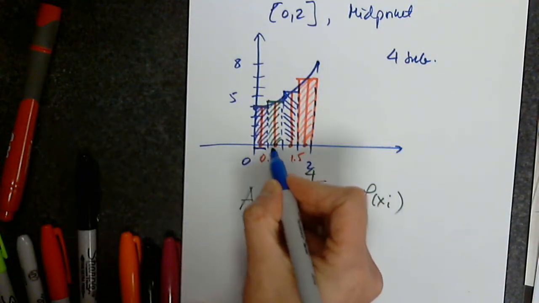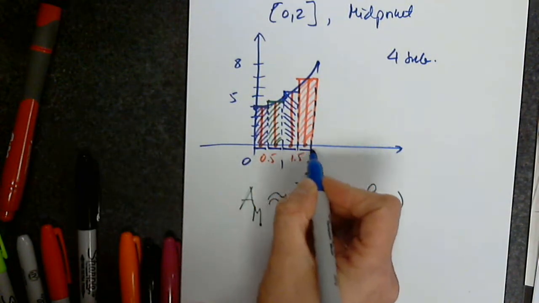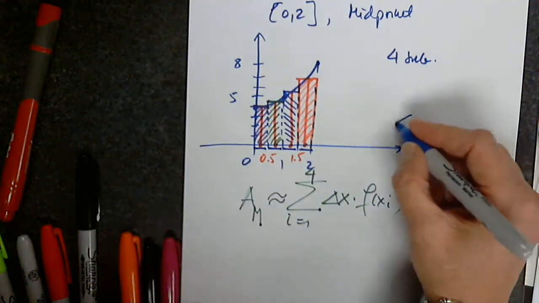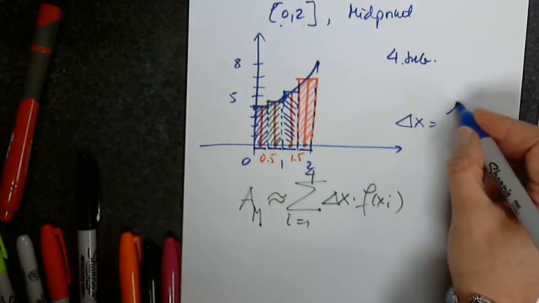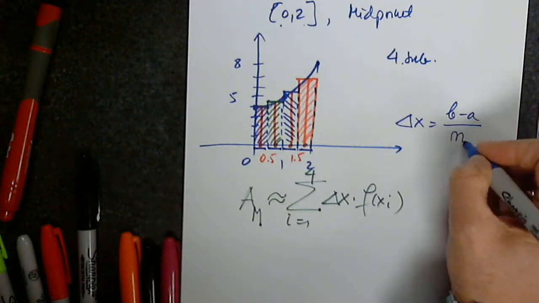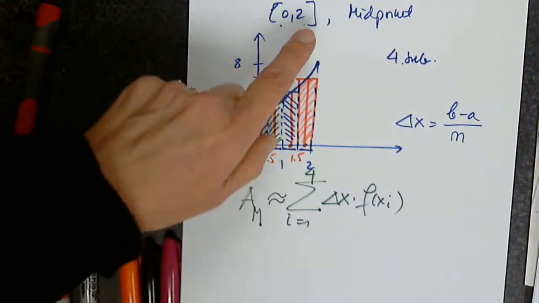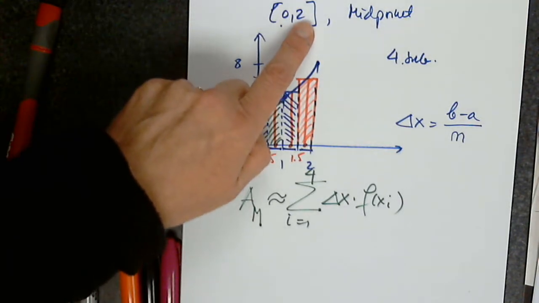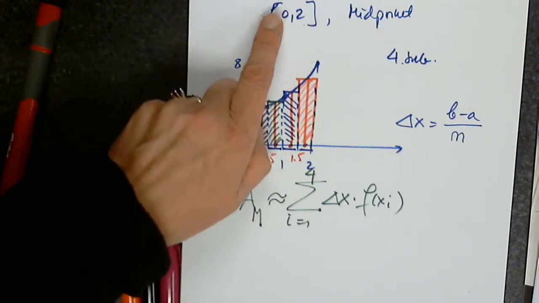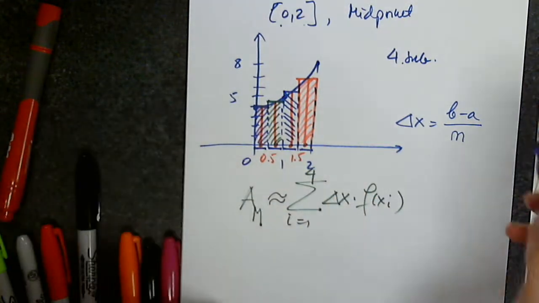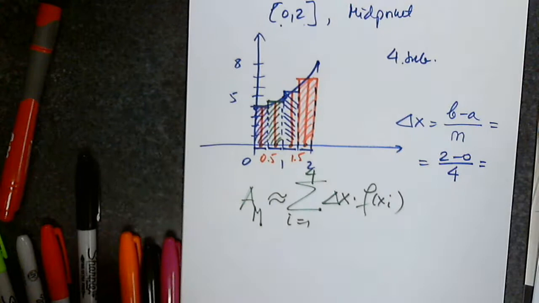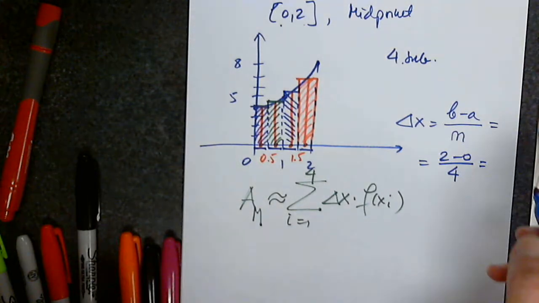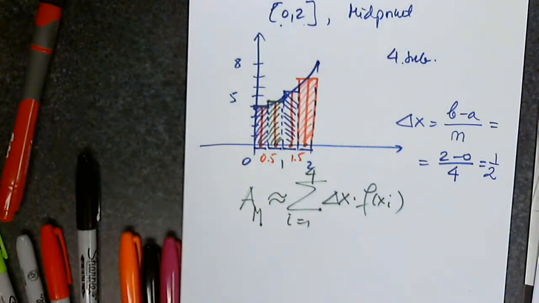Because delta x is always 0.5. How do I know? Delta x is b minus a divided by the number of subintervals, like Gary had it in the program, b minus a divided by n. So 2 minus 0 divided by 4, 2 over 4, is 1/2. So delta x does not change.